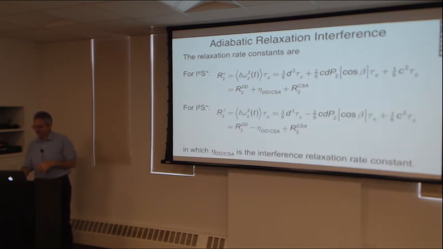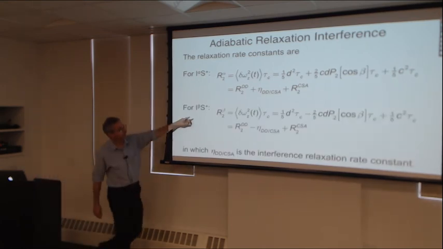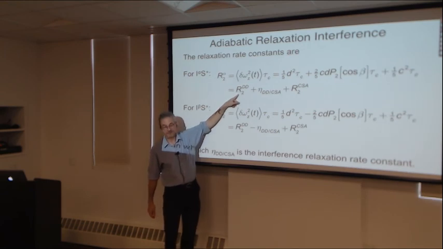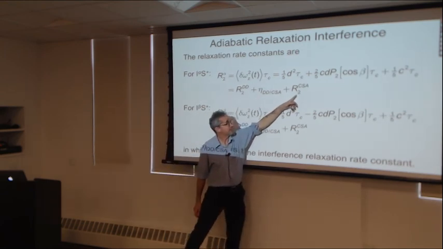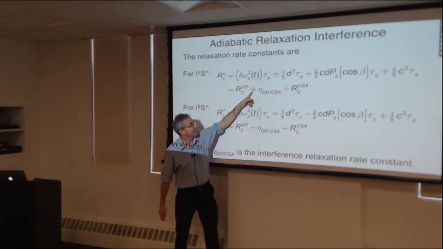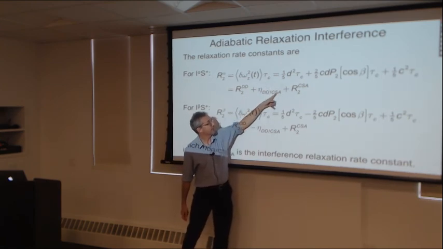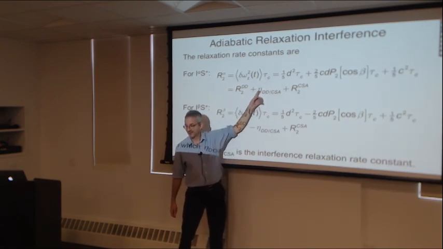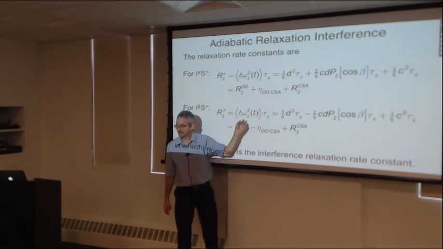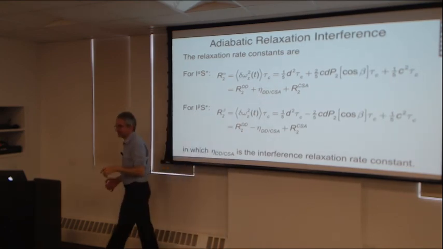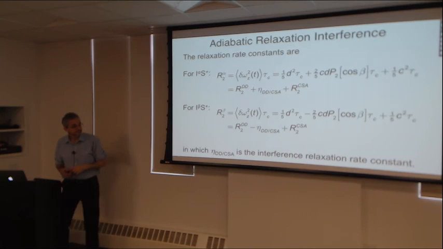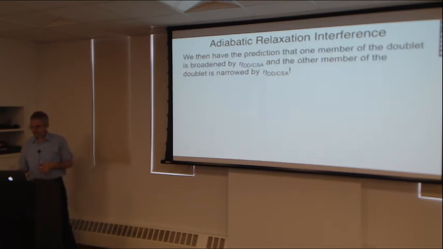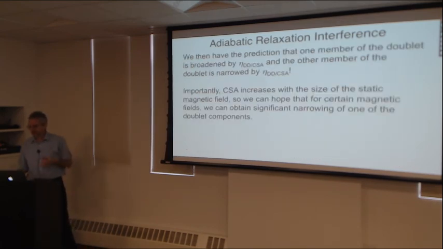So we end up with the normal dipole relaxation added to the normal CSA relaxation. And then there's this so-called cross-correlated relaxation that adds to one of the doublet components and subtracts from the other doublet component. And that's the Trozian effect.